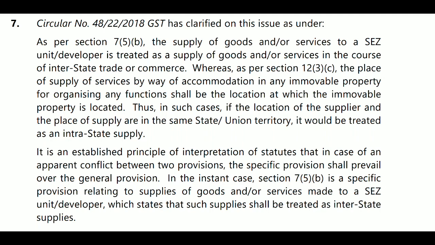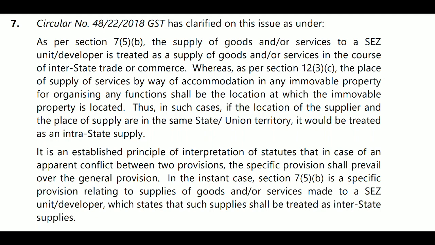Whereas, as per section 12(3)(c), the place of supply of services by way of accommodation in any immovable property for organizing any function shall be the location at which the immovable property is located. So the place of supply is where the immovable property is located.